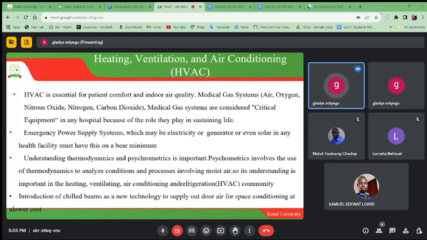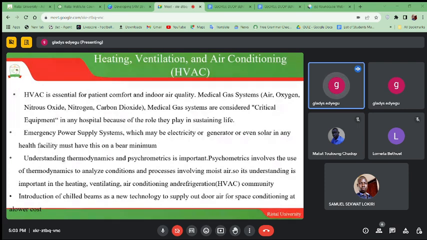When you don't have this, then you're going to deprive your patients of some of the services. So it is very important that we should have this kind of system whereby we are able to sustain and to promote the lives of our patients. And I mentioned most of this equipment is life sustaining. When you don't have this, then you're going to affect their life.